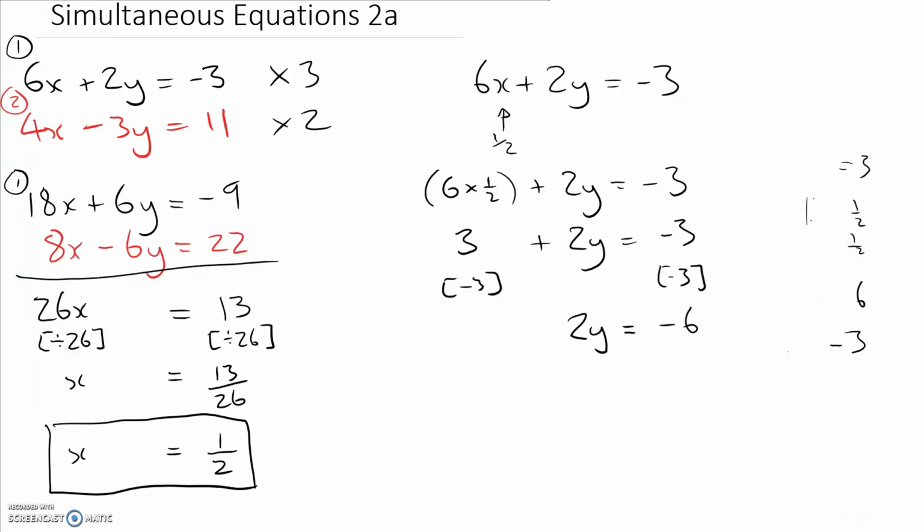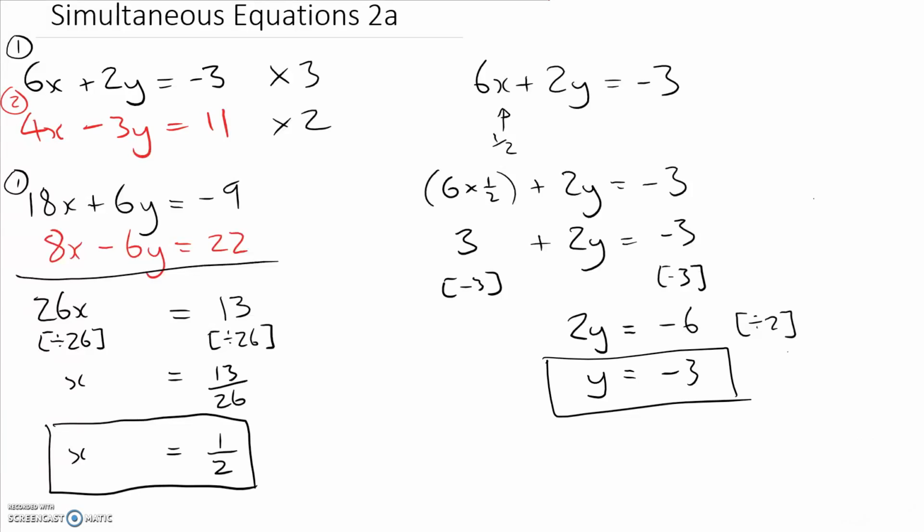We want to divide by 2, because if we divide both sides by 2, 2y divided by 2 just gives me y. Negative 6 divided by 2 is minus 3. So I reckon our answer for y is negative 3. So I think the solutions to our equation are a half for x and y equals negative 3.